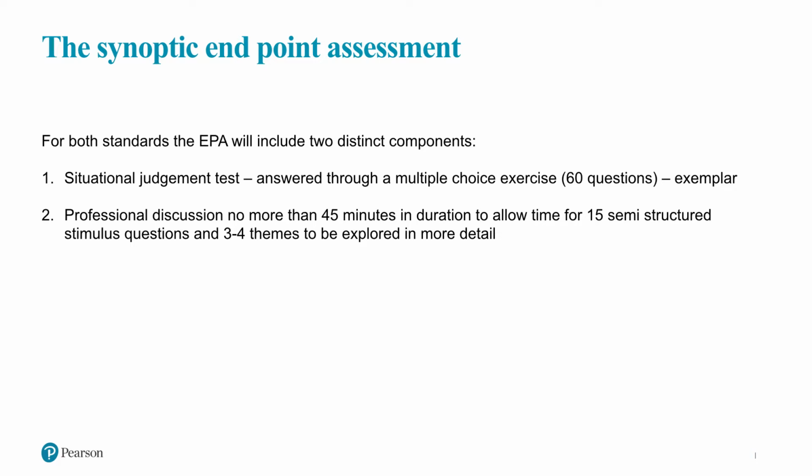So any candidates who achieve between 25 and 39 questions, unfortunately, that is a fail. Learners will be able to retake this test on one further occasion within 3 months. Candidates achieving fewer than 25 correct answers will not be able to retake the assessment until they've completed a professional review.